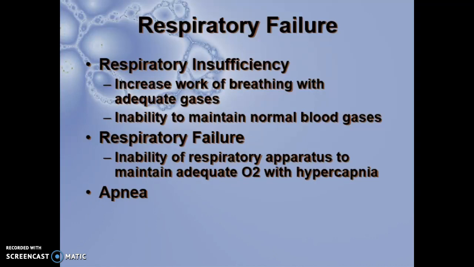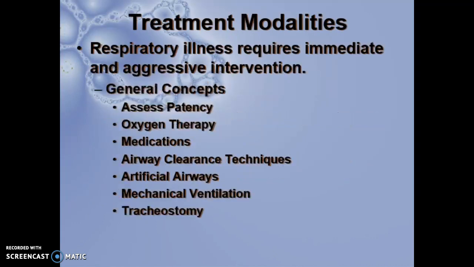So they cannot maintain adequate oxygenation. And then you have apnea, which is absolutely cessation of breathing. Okay. So at this point, you may resort to artificial airways and mechanical ventilations to oxygenate and perfuse for your child.